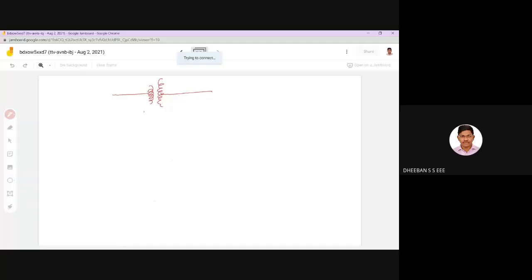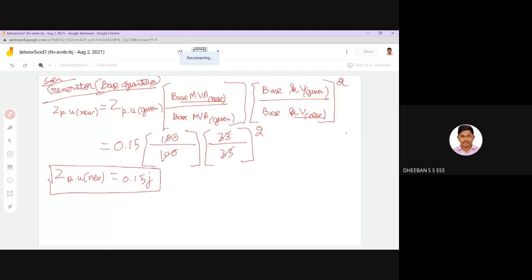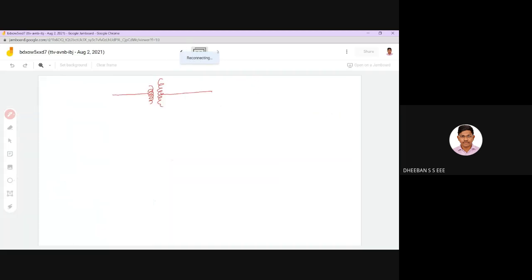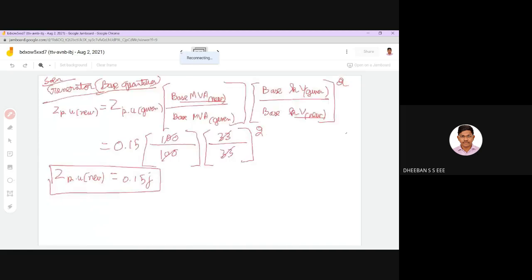Around the transformer, having the primary to be... Students, we'll be seeing this problem in tomorrow's class. There are still 5 minutes before the next class.